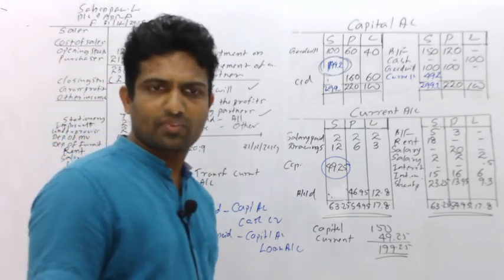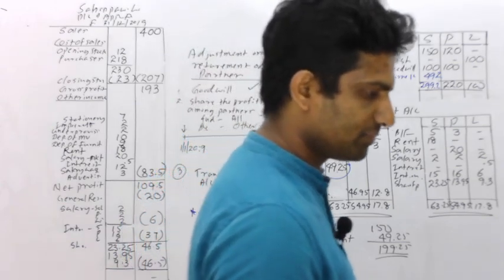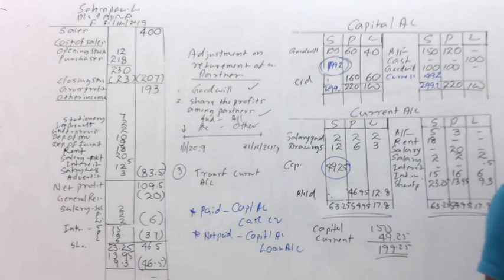Write the fourth one. Fourth step: total amount owed to the retired partner should be accounted as follows.